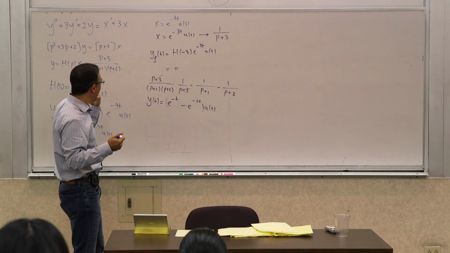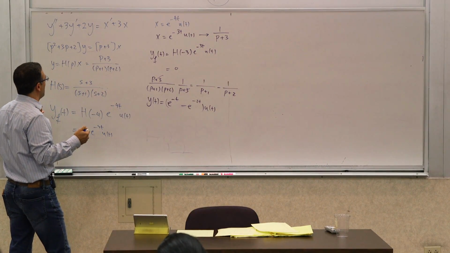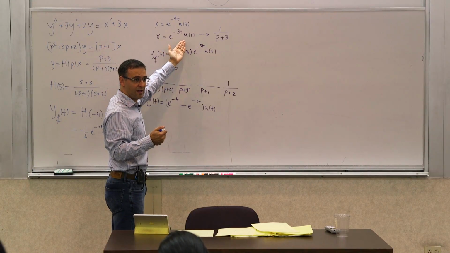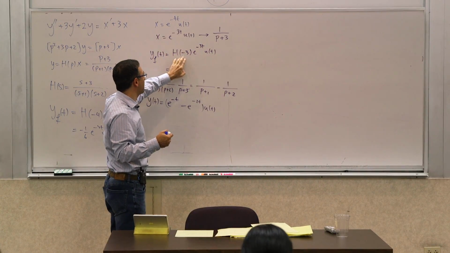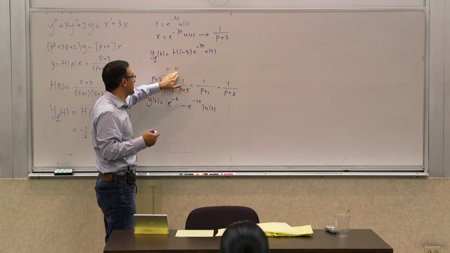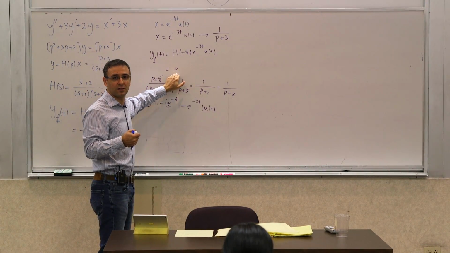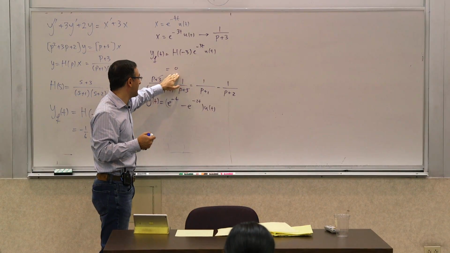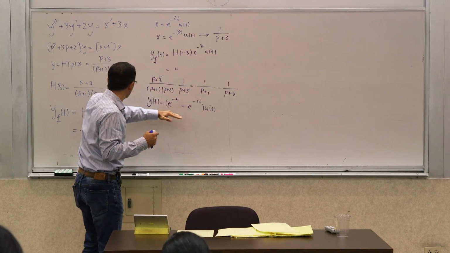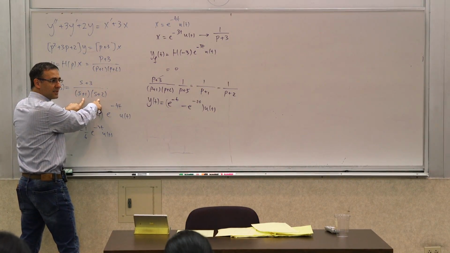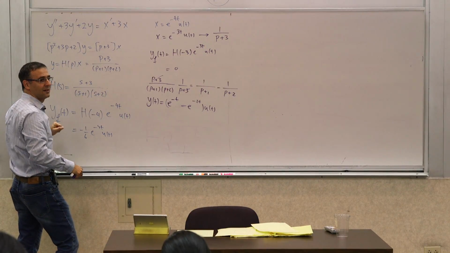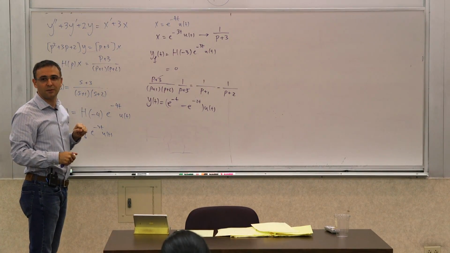The insight is that you had a system, you hit it with e to the negative 3t, but because this was a special frequency for this system, it was one of its zeros, it did not produce any forced response at that frequency. It doesn't mean it doesn't have any response. It does have its natural response. You saw its two natural frequencies. You see both of its natural frequencies. But you don't see that particular input frequency.